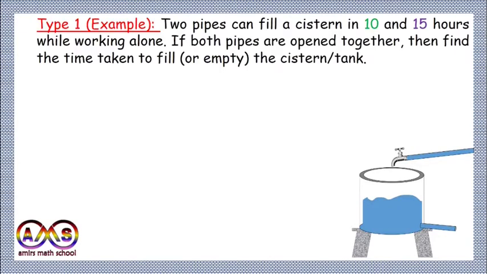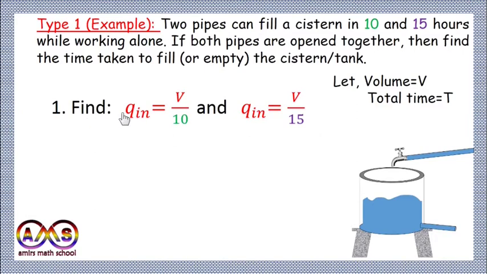Let's see one example of this type. Two pipes can fill a cistern in 10 hours and 15 hours while working alone. If both the pipes are open together, then find the time taken to fill or empty the cistern or tank. So in this case, let the volume be V and the total time which we want to find be T. Then the Q in for the first pipe is V by 10, since the first pipe needs 10 hours to fill the full tank.